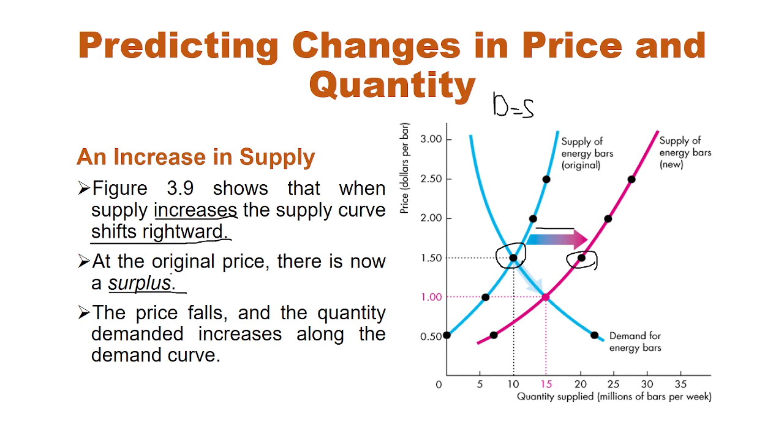So the force of the surplus pushes the price down, from $1.50 to $1. And the quantity demanded increases as well, along the demand curve. And the new equilibrium takes place where the new supply curve meets the original demand curve.